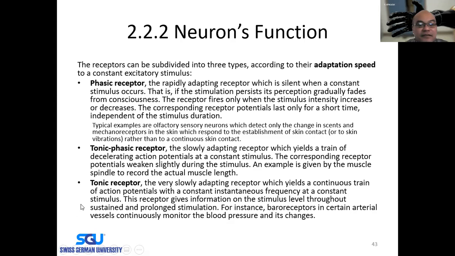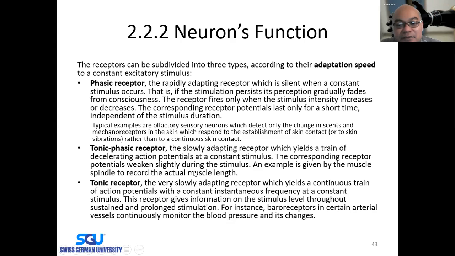Tonic receptor. A very slowly adapting receptor, which yields a continuous train of action potentials with a constant instantaneous frequency at a constant stimulus. The receptor gives information on the stimulus level throughout sustained and prolonged stimulation. So a tonic receptor stays on, similar to a common analog sensor.